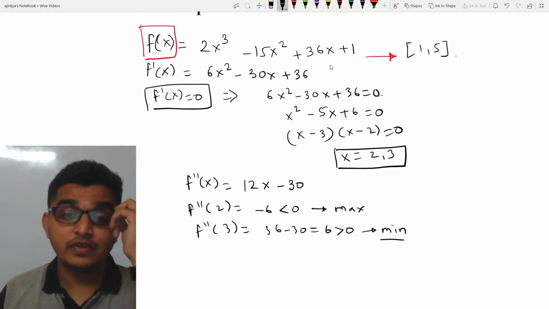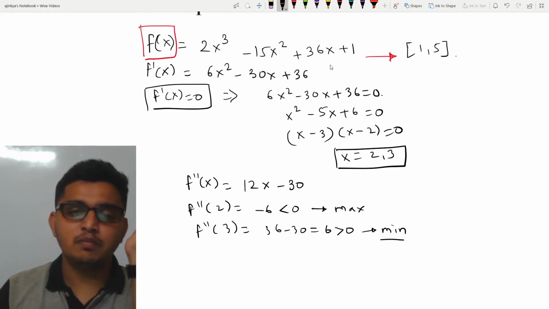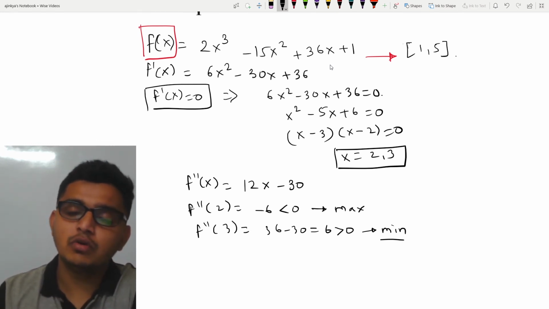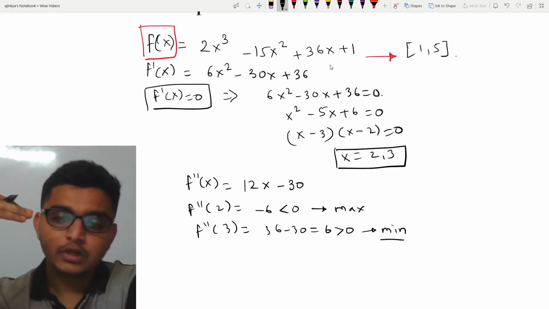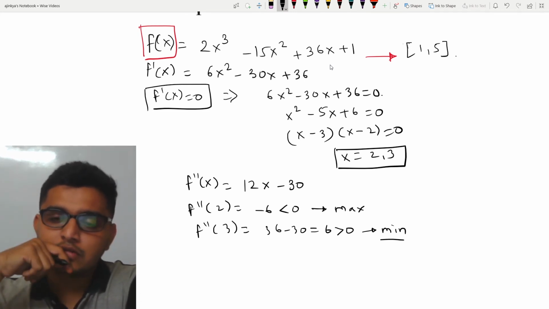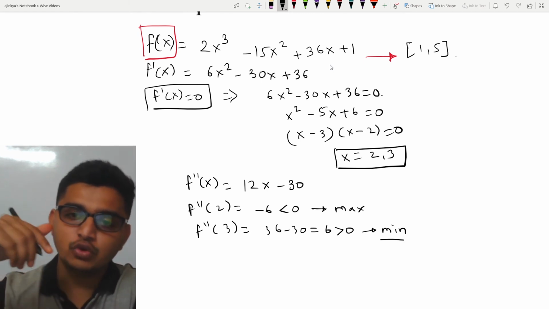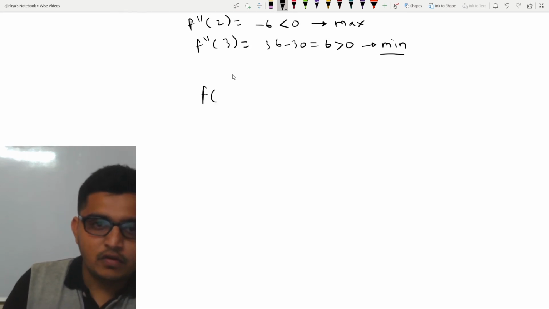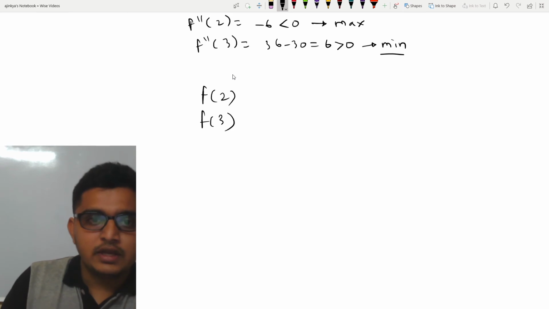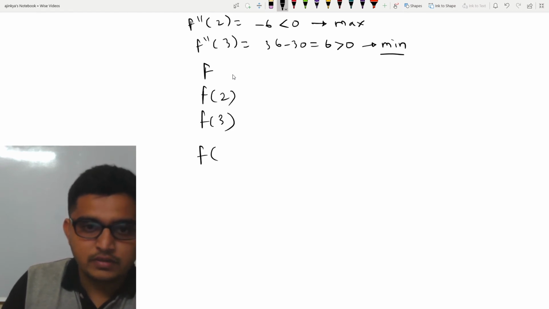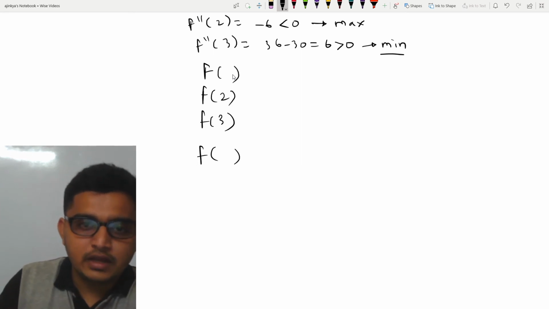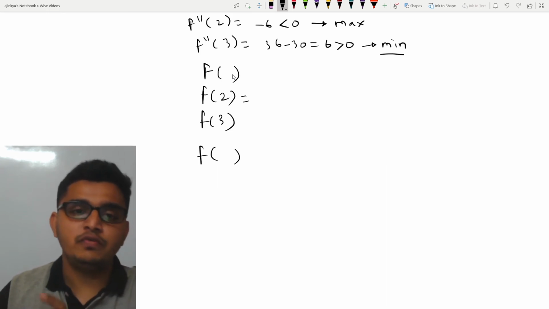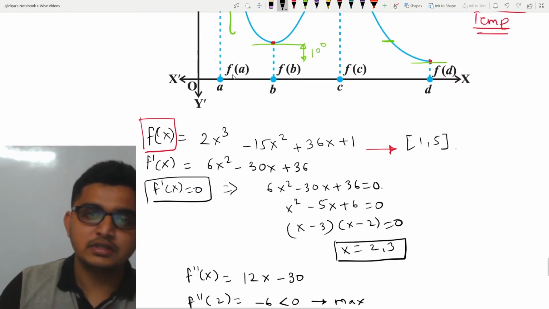So in the second derivative test we have seen that when the second derivative is less than 0, it is the point of maximum value. Now we have learned this, but is there something missing in this place? So first we'll have f of 2 and f of 3. Let's take f of 2, so we need to put 2 inside this function.